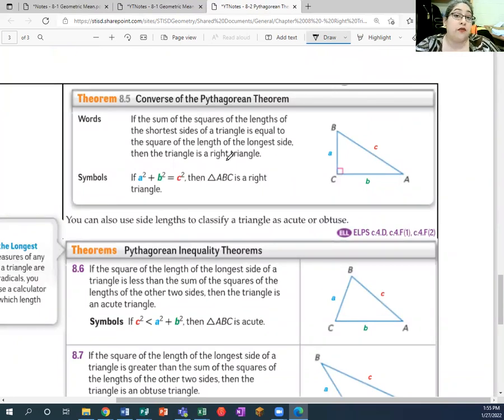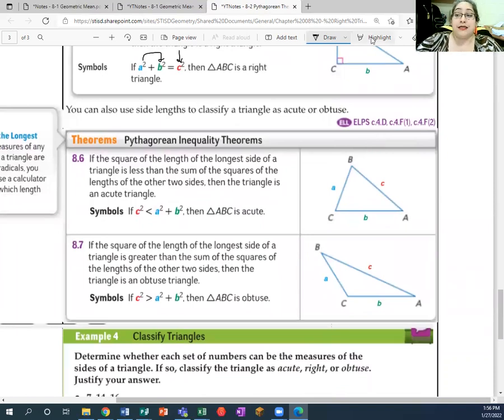It starts off with Theorem 8.5, the converse of the Pythagorean theorem, that says that if I take the two legs of a triangle, square them, and then add them, I should get exactly the same thing as the length of the longest side squared. If that setup is true, then I can say that the triangle I've been given is a right triangle.